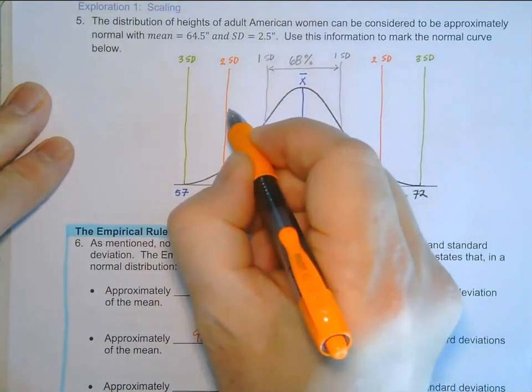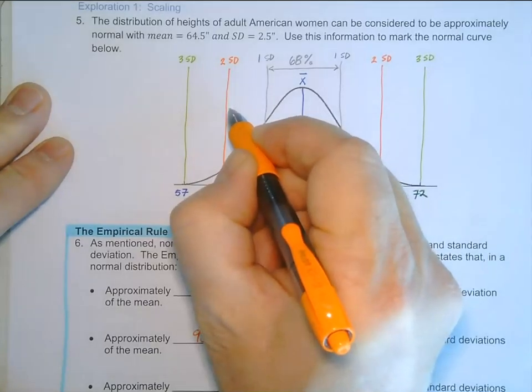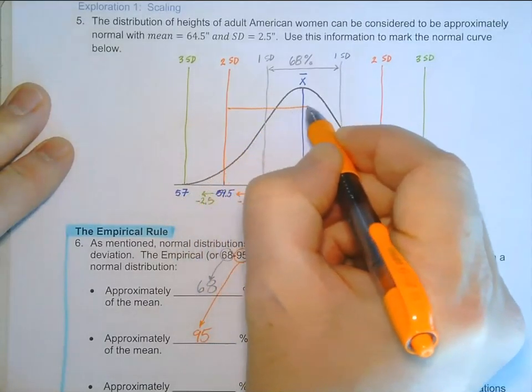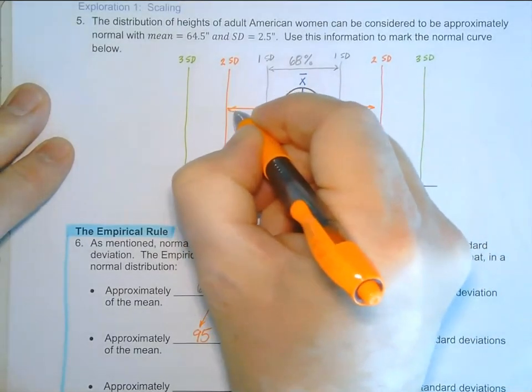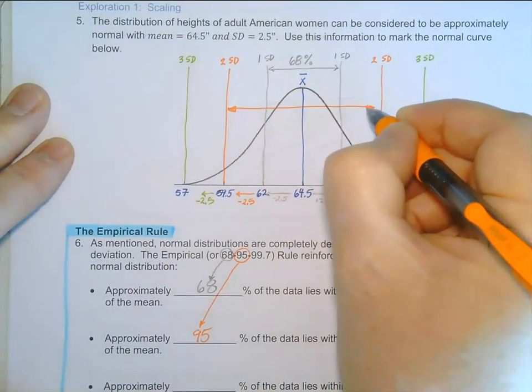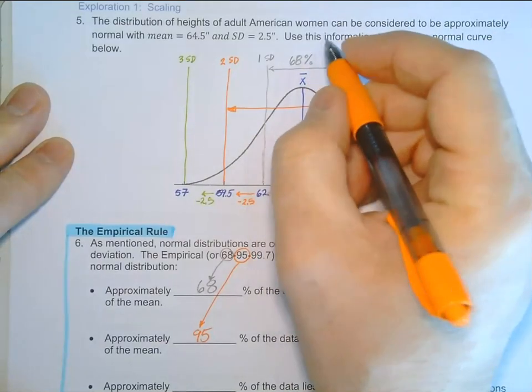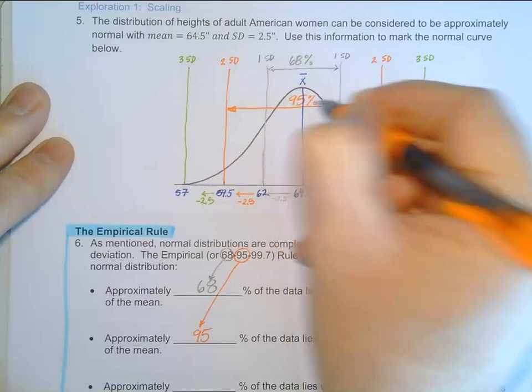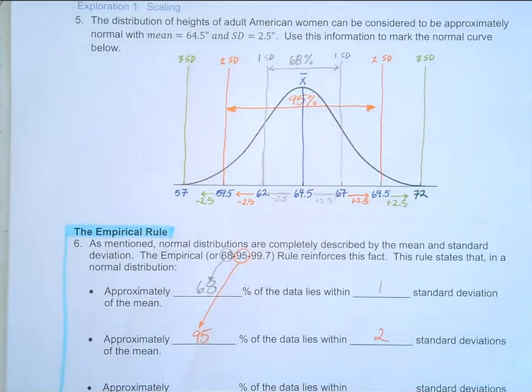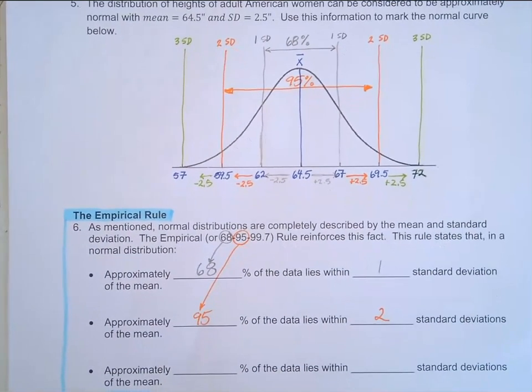And so going from right here to there, this is going to be 95% of the data. Okay, are we okay with that?